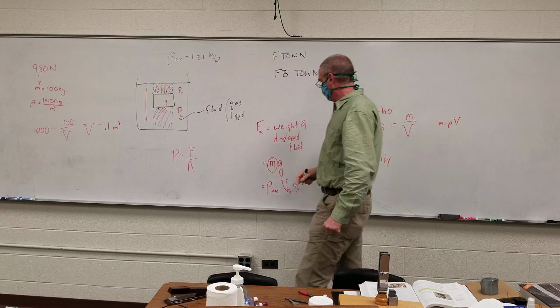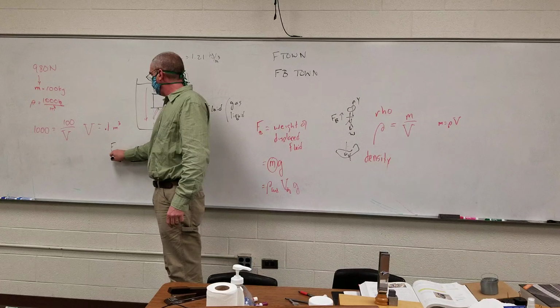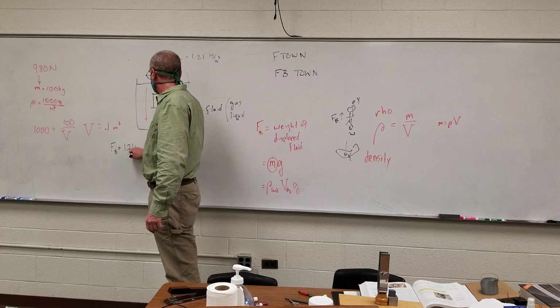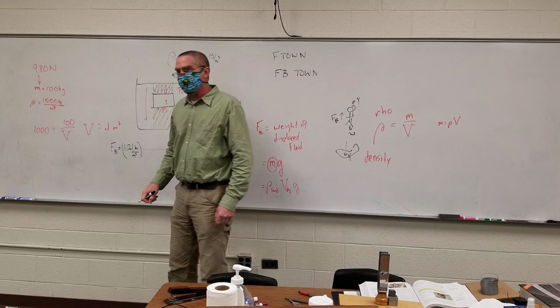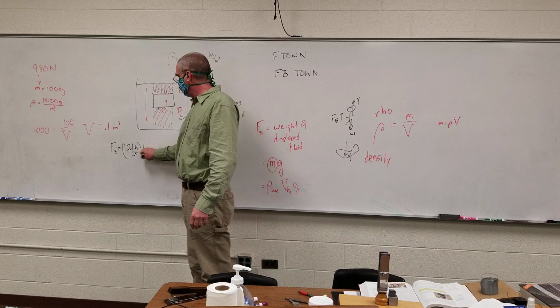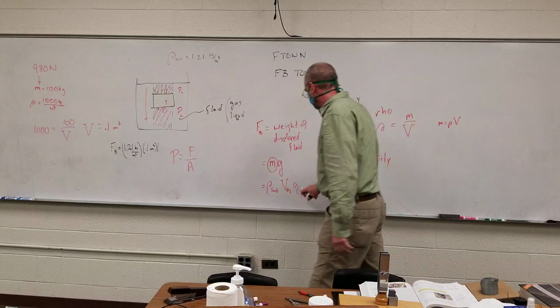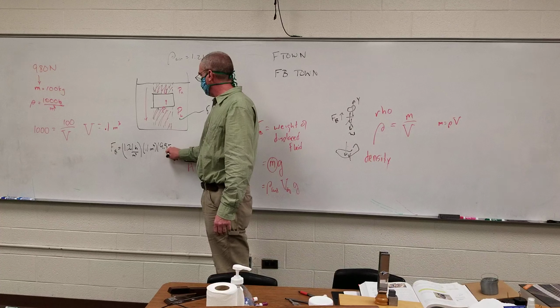I'm plugging it into this formula right here. So the buoyant force acting on me is the density of air, 1.21 kilograms per meter cubed, times the volume of air that I'm taking up, about 0.1 cubic meters, times acceleration due to gravity, 9.8 meters per second squared.